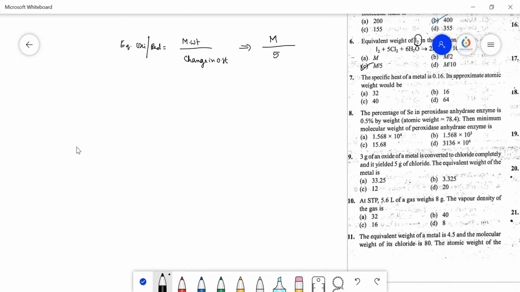Now let's solve question number 7. The specific heat of a metal is 0.16. Its approximate atomic weight will be? So in the 7th question, for specific heat and the atomic mass of metals, there is a formula. Atomic weight equals 6.4 divided by specific heat.